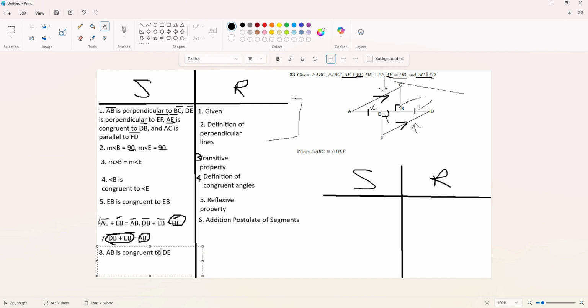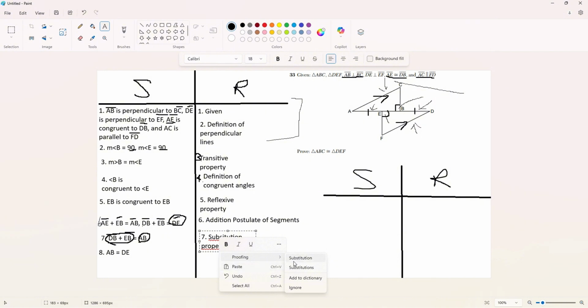Actually, no, you can't just say it right away. We have to say that segment AB is equal to DE by the transitive property. Oh, sorry guys, how am I spelling this wrong? Okay. Back to what we were saying.